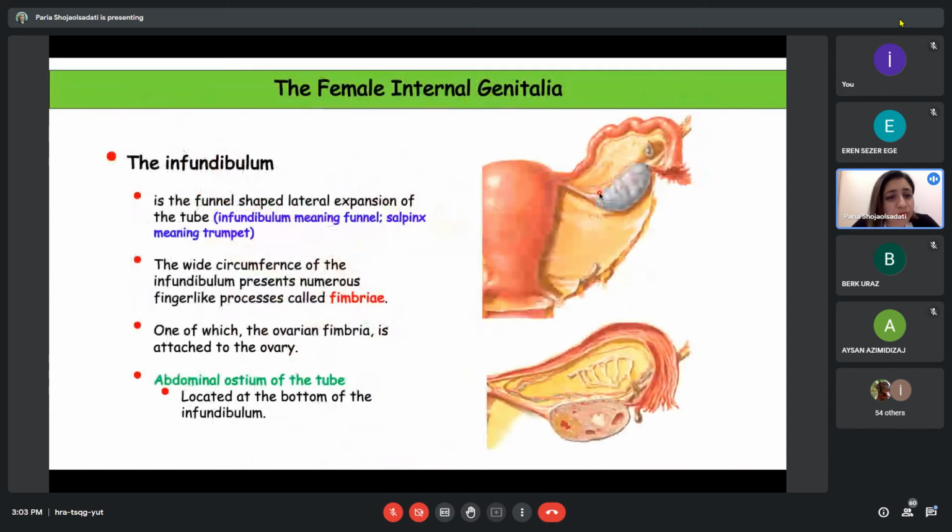The infundibulum is a funnel-shaped, lateral expansion of the tube. The meaning of that comes from the shape of this structure. It has finger-like processes on it, as I mentioned before. These are named fimbriae, one of which is attached directly to the ovary, but the others are floating and don't attach anywhere.